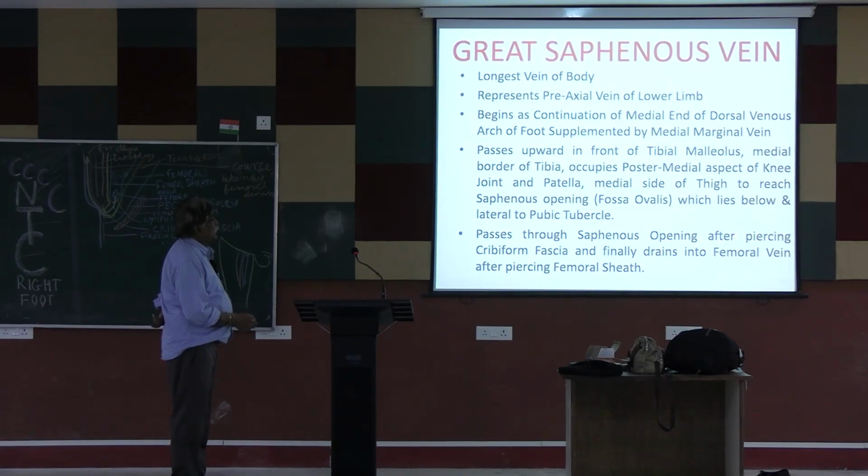Passes through the saphenous opening after piercing cribriform fascia and finally drains into the femoral vein after piercing femoral sheath.